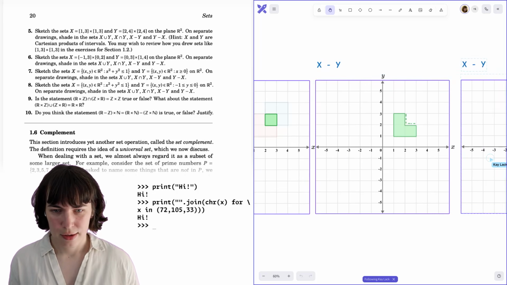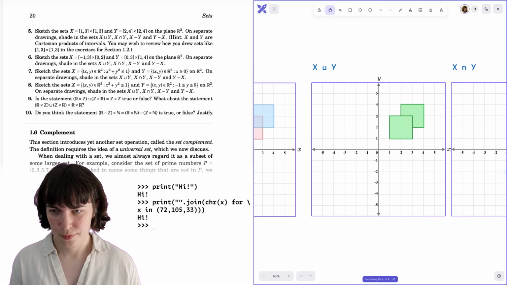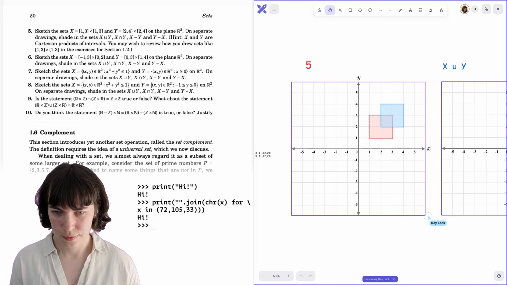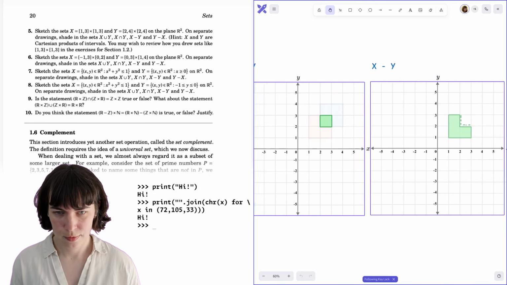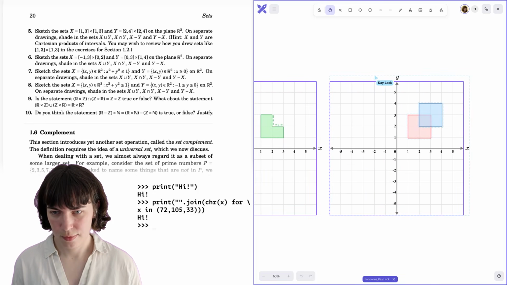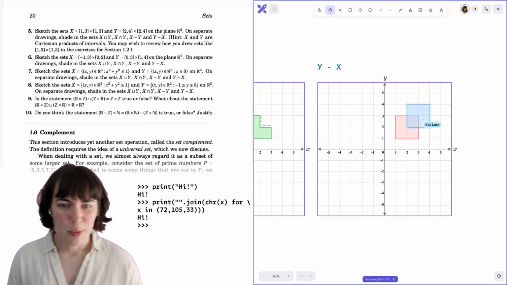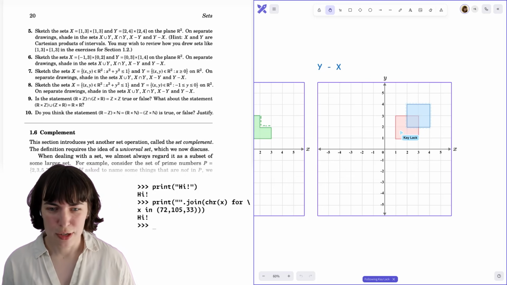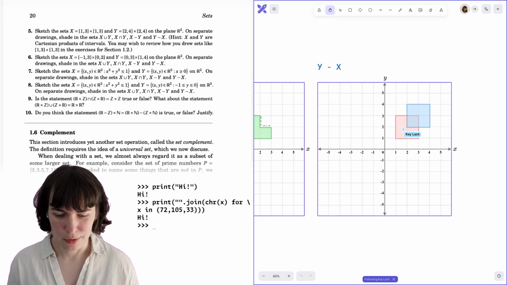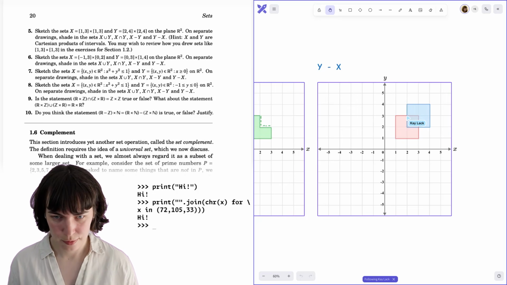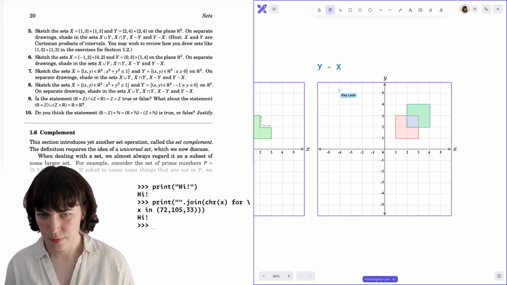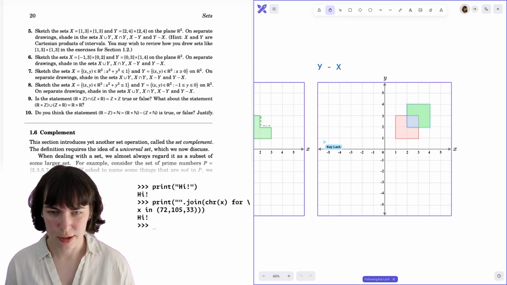And then let's actually have another one. Okay, and here we're keeping everything in y that is not in x, so we're doing the opposite maneuver. Okay, let's bring this up.